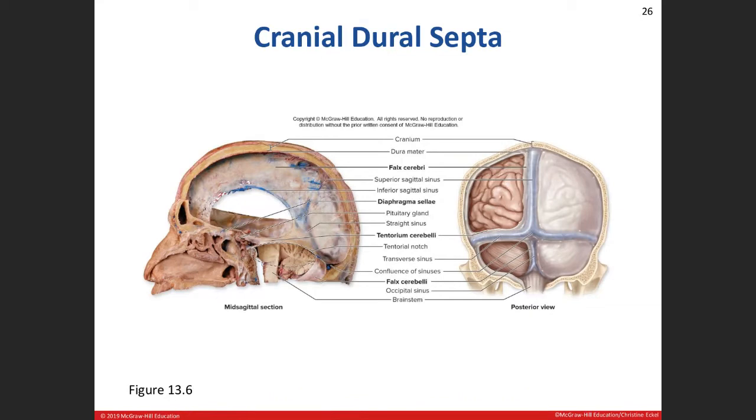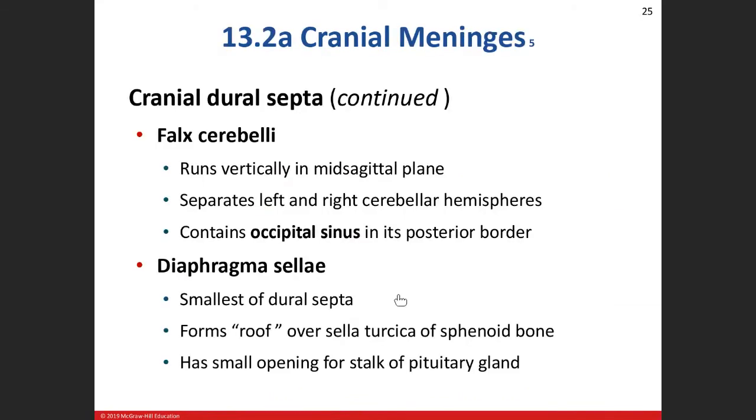The last dural septa is the diaphragma sellae. Remember the sella turcica, that little saddle-like structure in the sphenoid bone, where I told you the pituitary gland would sit. It has a little stalk called the infundibulum.